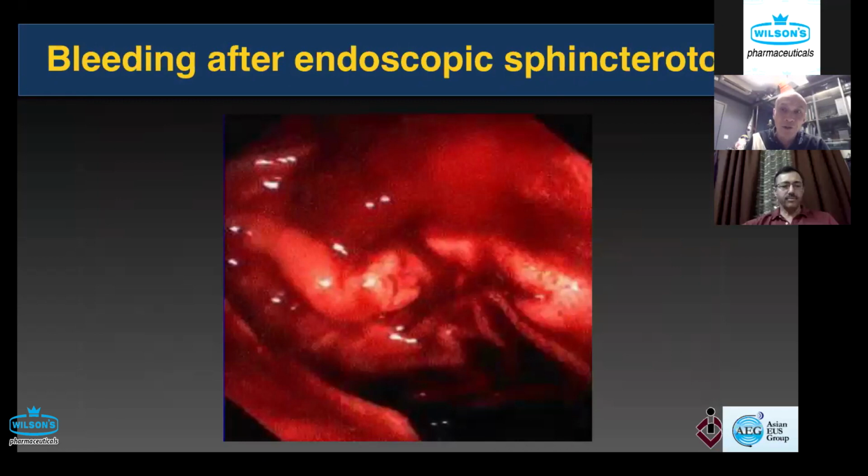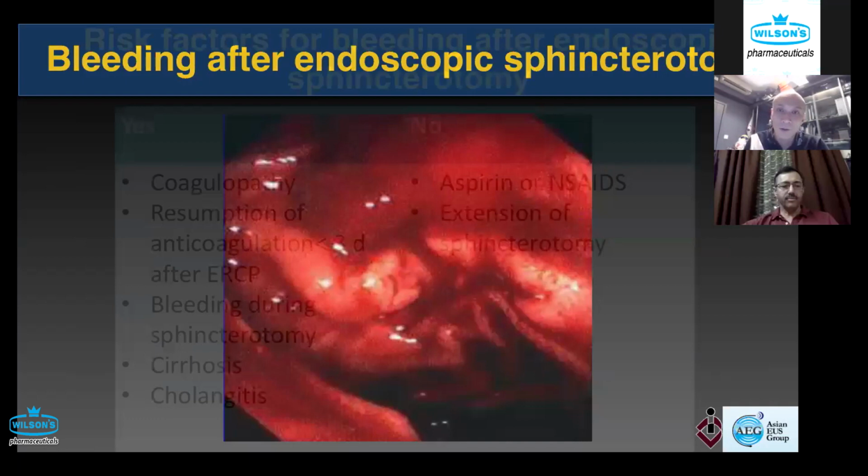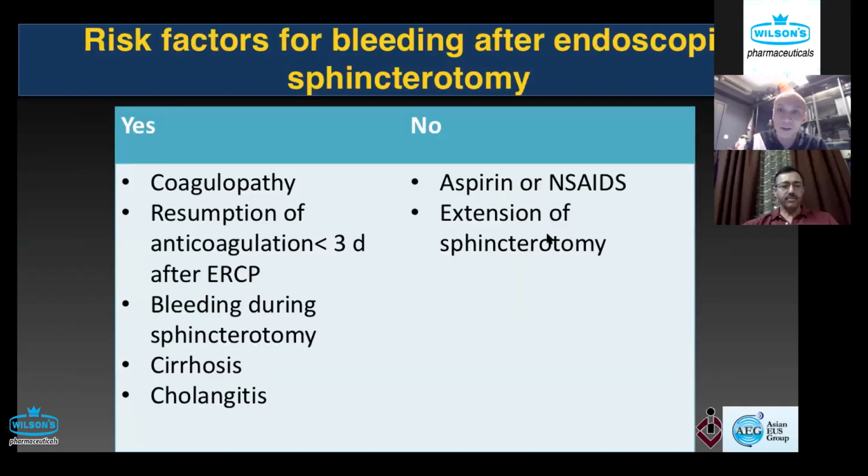Bleeding after endoscopic sphincterotomy is also sometimes very difficult to deal with. Most of the time, these bleedings are self-limiting, but occasionally these can be very severe bleeding from spurters. There are a number of risk factors for bleeding after sphincterotomy: patients with coagulopathy, renal failure, or on anticoagulants, cirrhosis and cholangitis.